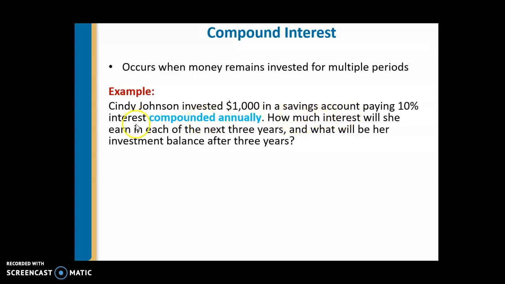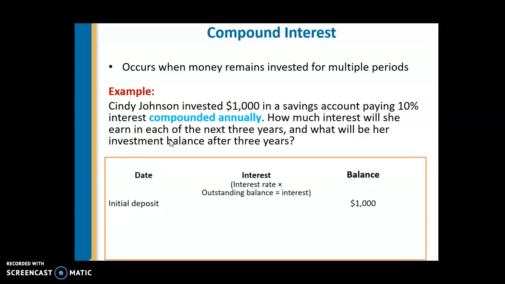How much interest will she earn in each of the 3 years, and what will be her investment balance after 3 years? The first year calculation is exactly the same as simple interest. 10% times $1,000 is $100. Her account has grown from the $1,000 to $1,100 at the end of year 1.